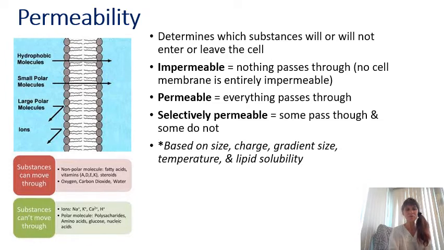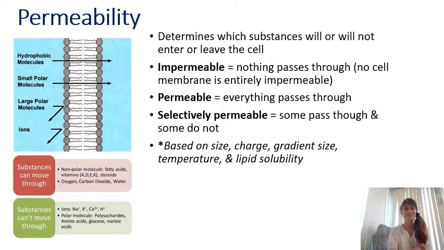Substances that can't move through without assistance include things like ions. We have different concentrations of ions inside and outside the cell membrane. We tend to have a higher concentration of sodium in the extracellular fluid and a higher concentration of potassium on the inside in the intracellular fluid. There is some sodium intracellularly and some potassium extracellularly.